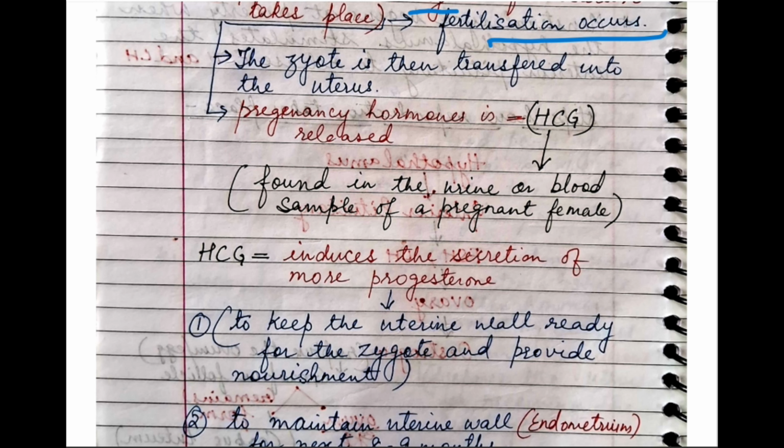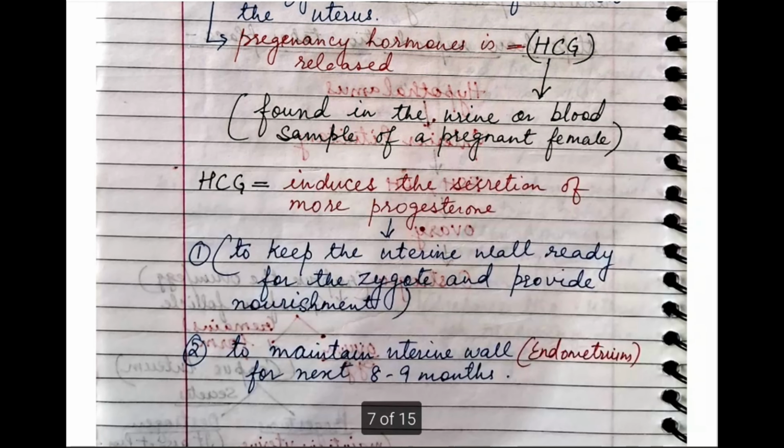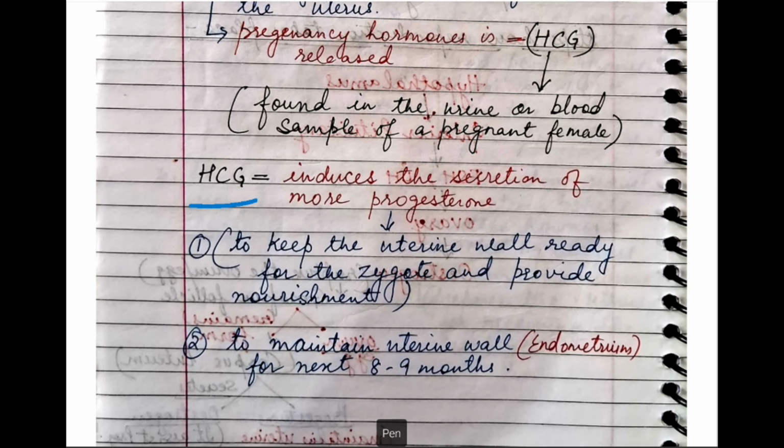You can see the first two points I have written. The role of HCG here is to make the uterine wall ready for the zygote, provide the nourishment, and maintain the uterine wall, that is the endometrium, for the next 8 to 9 months.